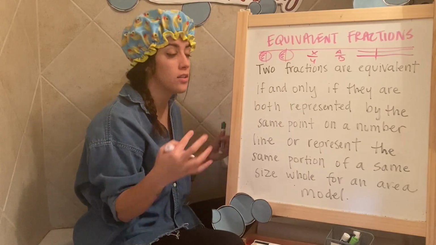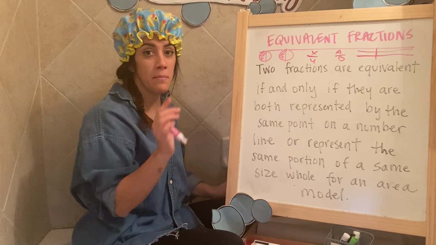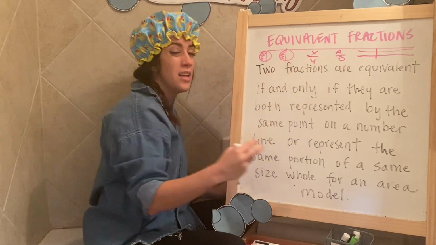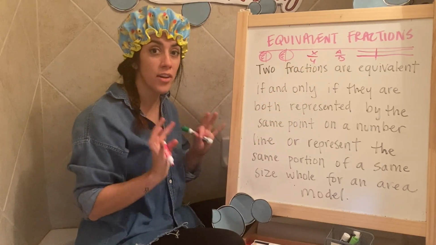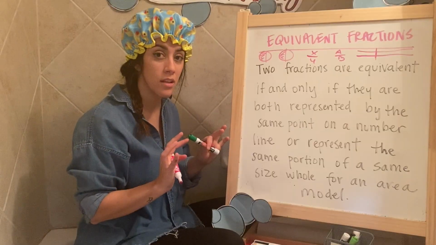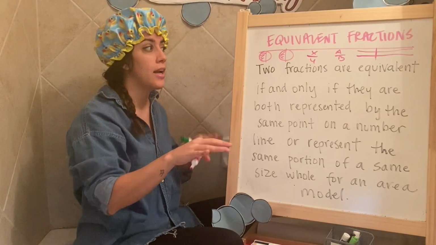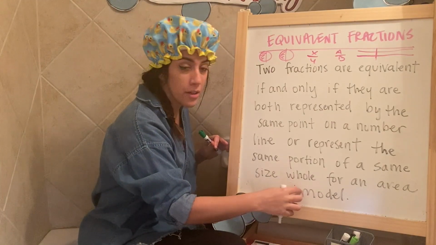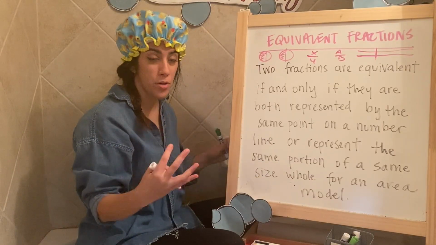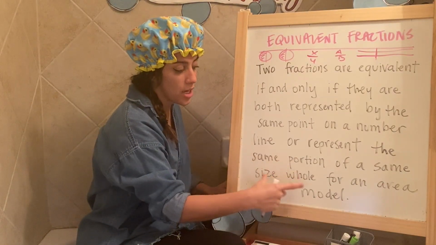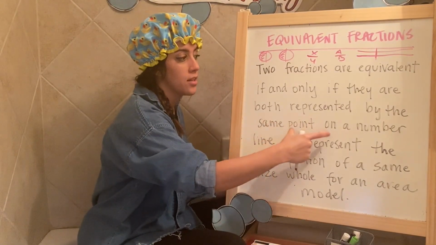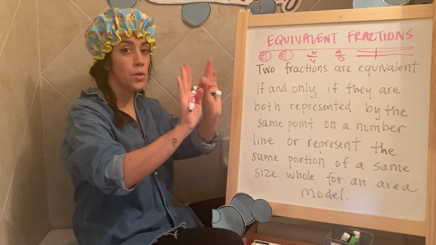We'll get into what that looks like visually in a second, but I just want to make sure that you know an equivalent fraction is comparing two different fractions that might have two different numbers, yet visually on a number line or in an area model have the same portion. So same portion shaded in an area model, same point on a number line, that would be equal fractions.